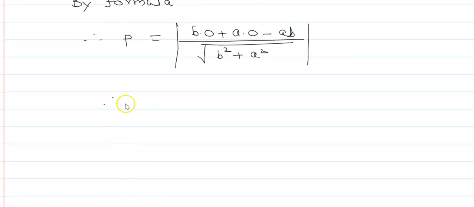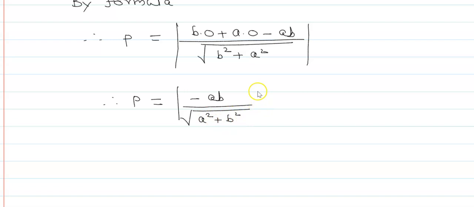And therefore p is equal to minus ab upon the root of a square plus b square, and hence we have p is equal to ab upon the root of a square plus b square.